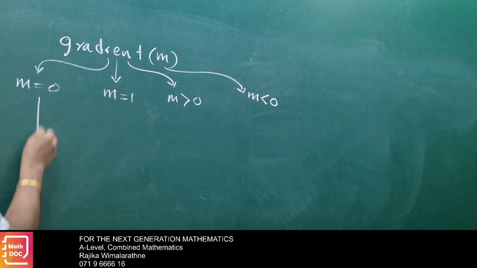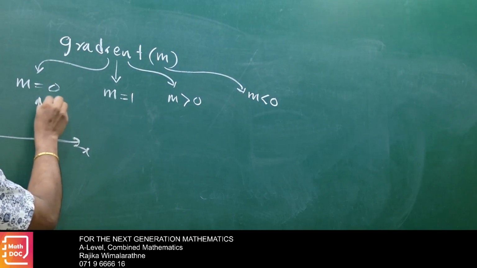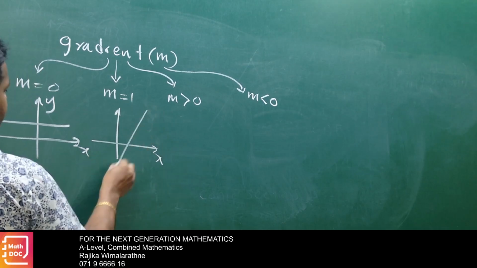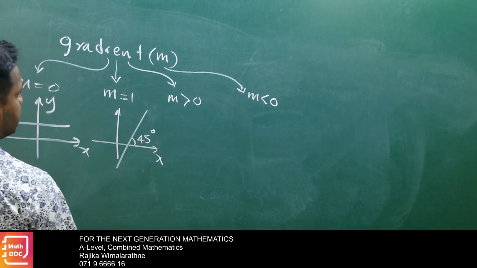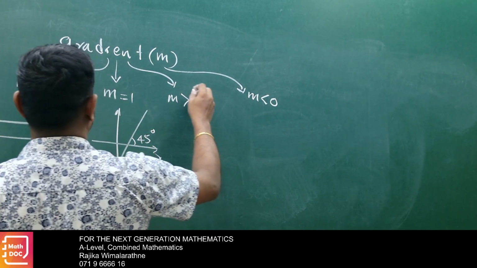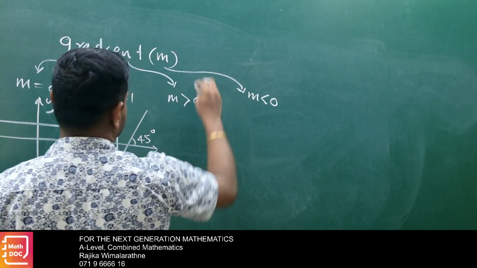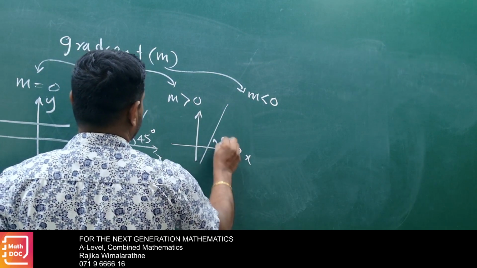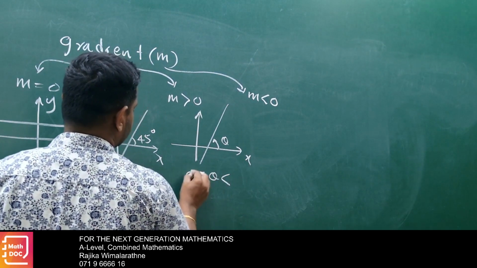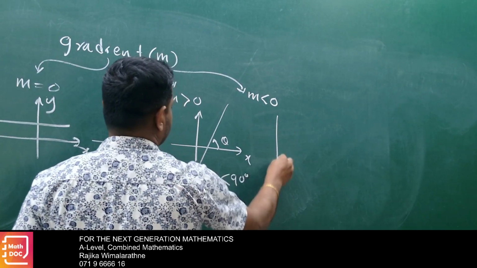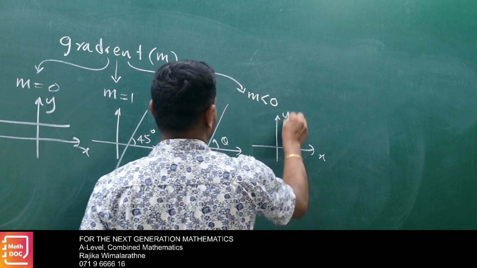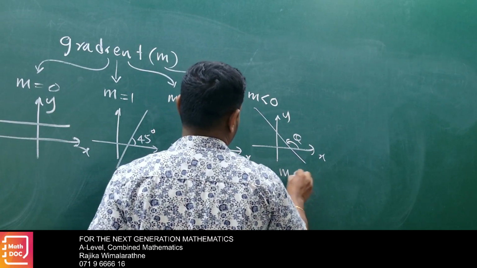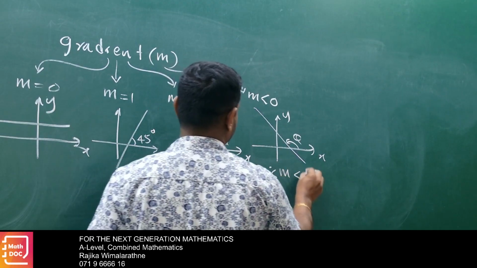Then for 0 gradient, sketch with me, parallel to the x-axis. For gradient 1, 45-degree inclination. There's another one, the m infinity case. Positive gradient, acute angle, theta 0 to 90 degrees. Negative gradient, obtuse angle, theta 90 to 180.